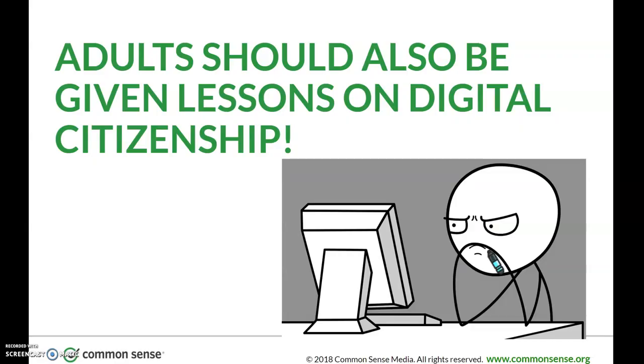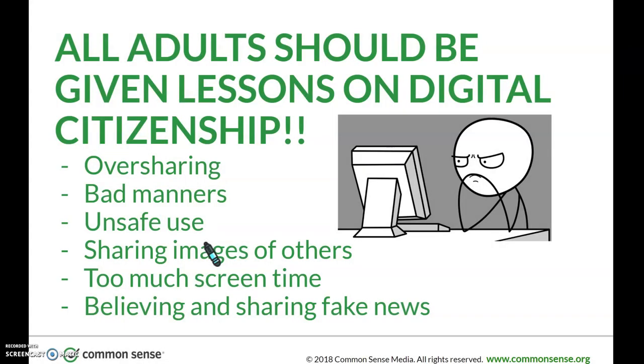Adults also should be given lessons on digital citizenship because we've grown up in a world where technology has advanced greatly in our adult life. And we've learned how to use technology in our adult life without being instructed and pointed out the pros and cons and the benefits of using it correctly.